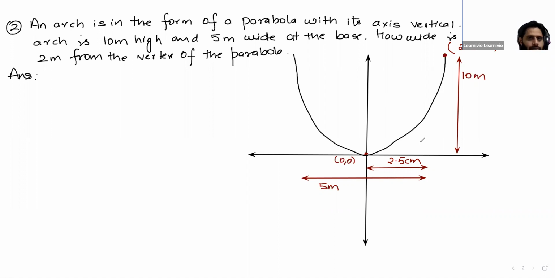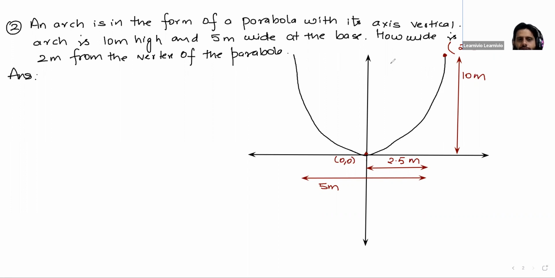Just give me a minute. So the question is 10-meter high and 5 meter wide. How wide is it 2 meter from the vertex? So this is 2.5 meter. Now, what we need to find?